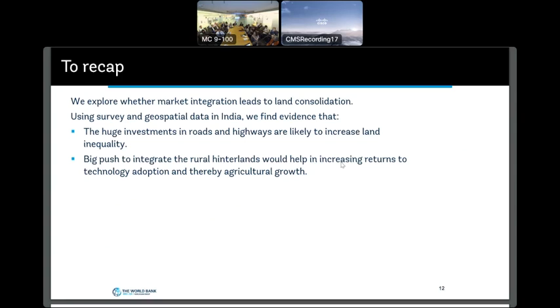Mushroom, 1 hectare. If you're a specialized horticulture farmer, we also look at landlessness as an alternative measure of land inequality, and it also increases with market access.